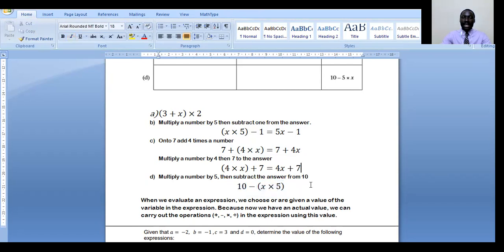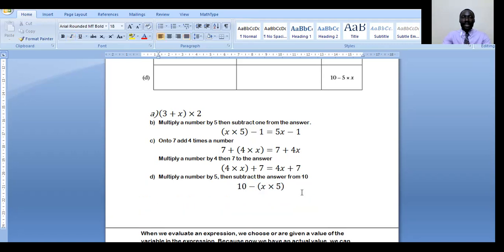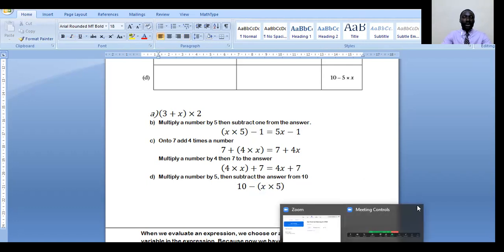Yes, that is what we mean by algebraic expressions in words. That is getting it from words and converting them into mathematical expressions. And precisely that's where we would like to stop for now.